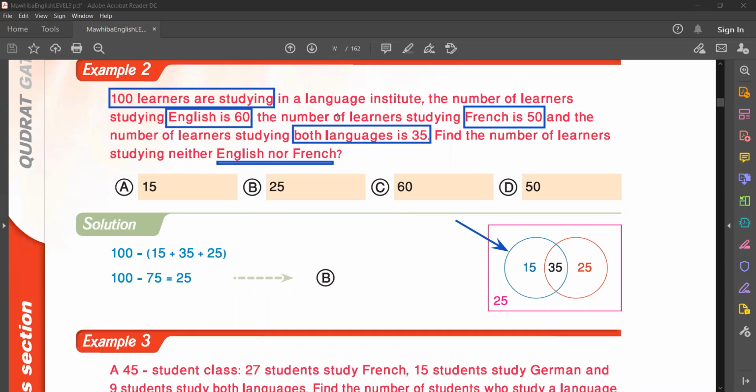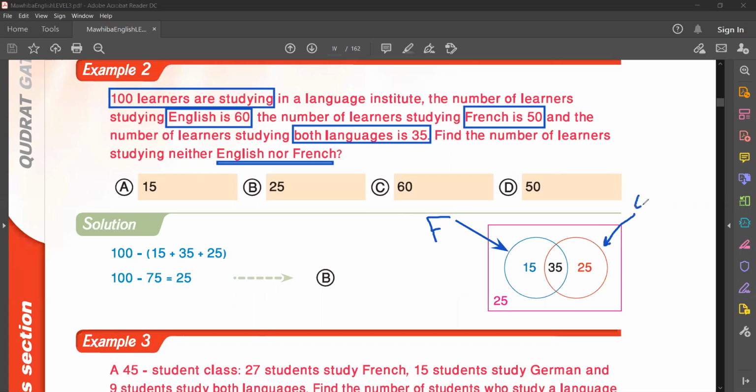Look here, we draw this for the English language, so write English here. And another one, where it is what? It is 50. This is not English, it is French. So we write French here, because French is 50 and English is 60.